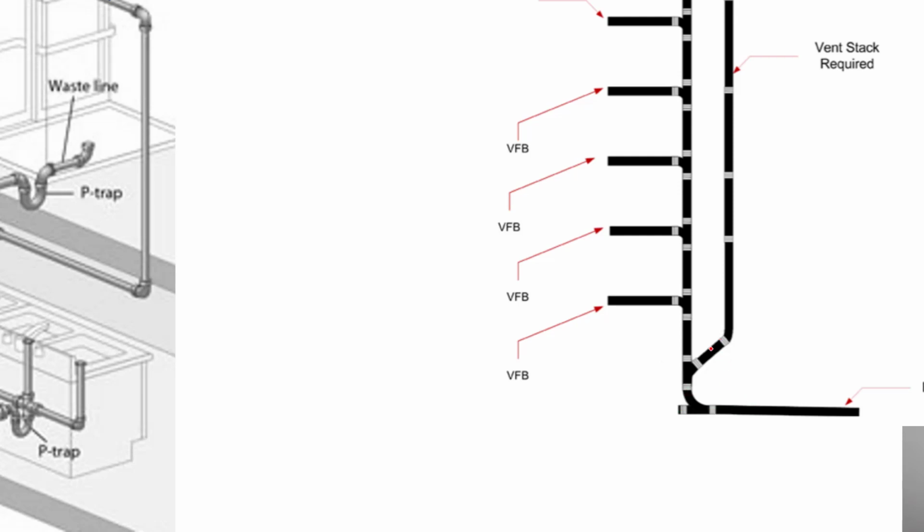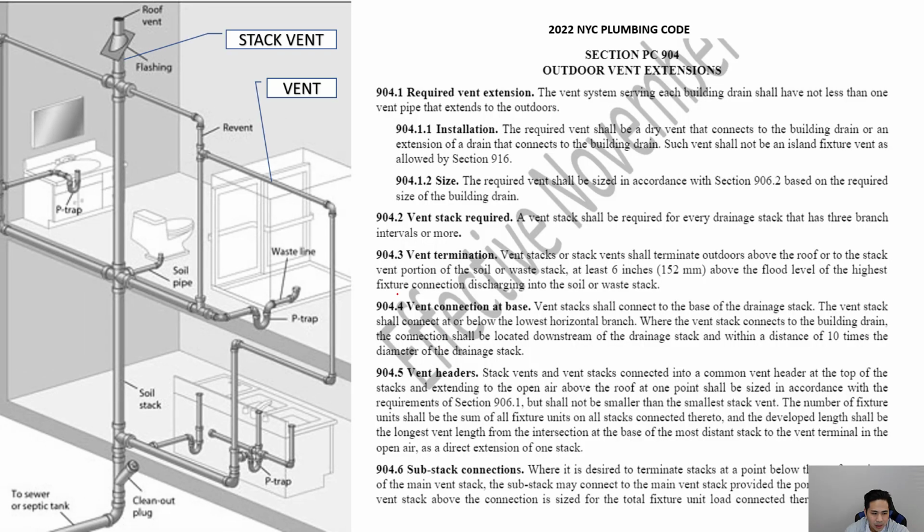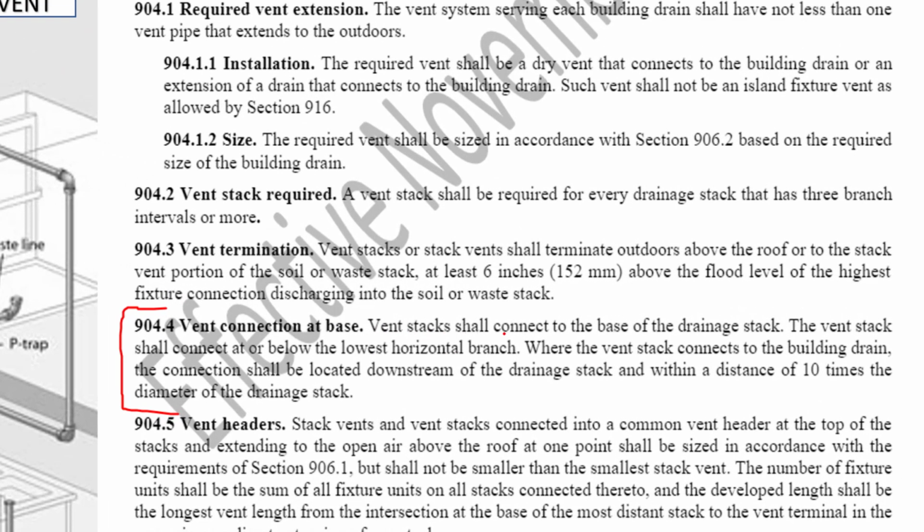And in this case, it's connected a little bit differently, and it's because if you go back to that section, it was this section here. It talks about vent stacks shall connect to the base of the drainage stack. The vent stack shall connect at or below the lowest horizontal branch. Where the vent stack connects to the building drain, it shall be located downstream of the drainage stack and within a distance of 10 times the diameter of the drainage stack.